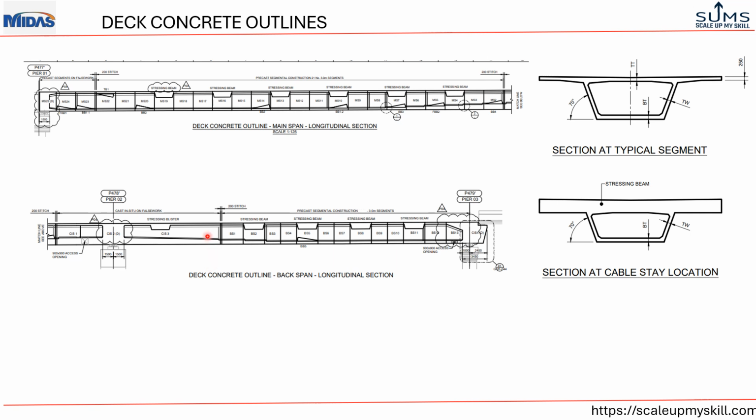Some portion of the deck near the pylon is cast in situ on false work as shown here, and the remaining portion of the back span is segmental precast segments with varying length from 2.2 meter to 3 meter, and the depth of the deck is 3 meter.